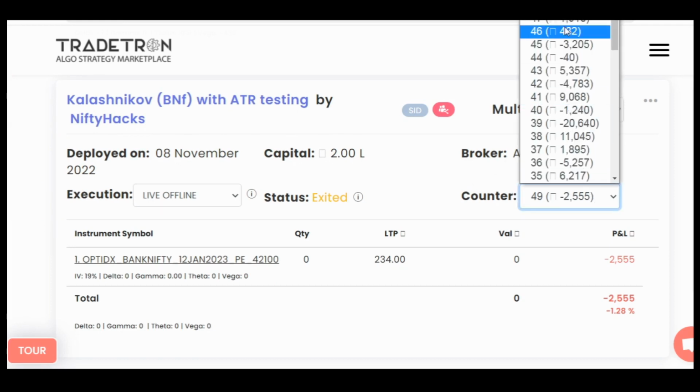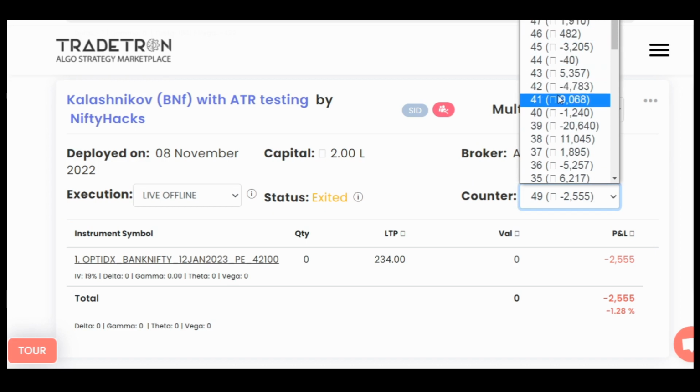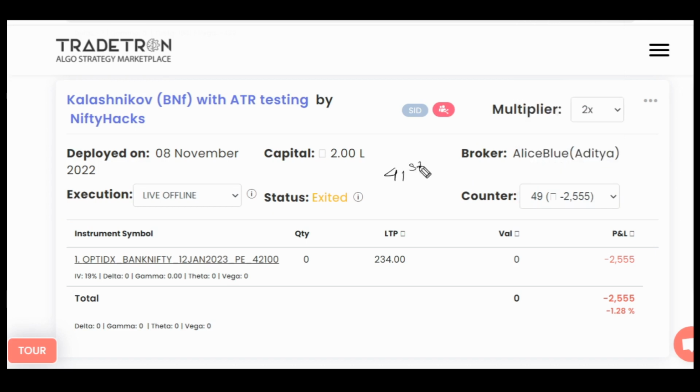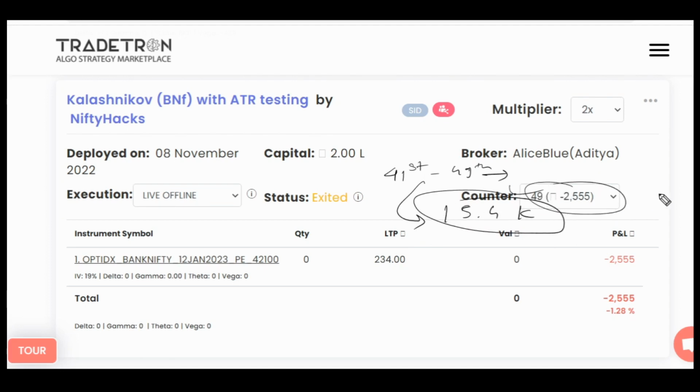Let me calculate. From the 41st counter to this 49th counter, it has provided a profit of around 15.4k. This share code is already provided to you guys, so you can check this yourself also.